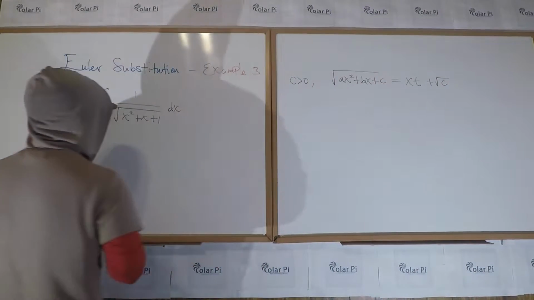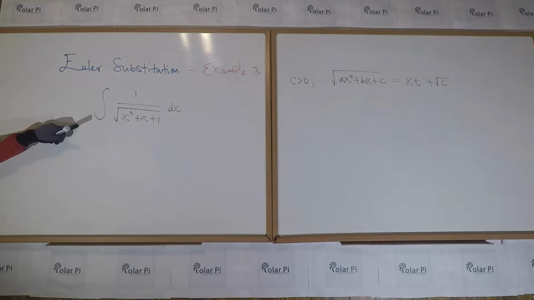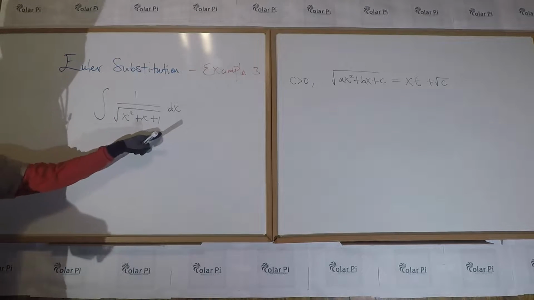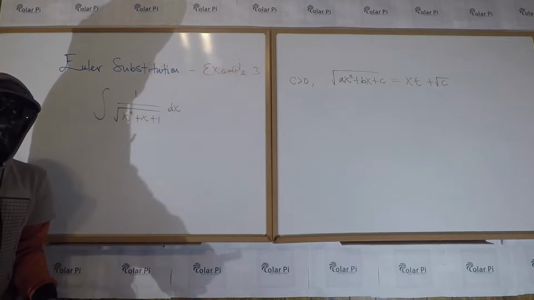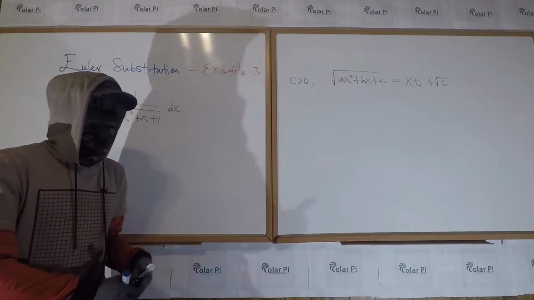So in this example, which by the way is the same integral as example 1, you can do this integral using the first Euler substitution, or as we'll see here, the third Euler substitution.